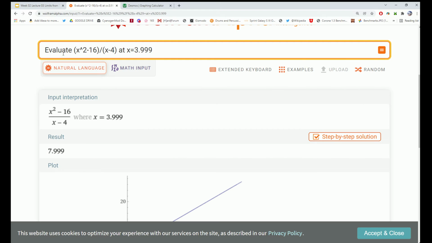Right? So do you see how fast it is to calculate values this way? You can certainly use a scientific calculator and just put in 3.999 for your x values and calculate that. That's not super hard to do. But Wolfram Alpha will just make this process a lot faster. Okay, so this is how I would recommend that you do it.